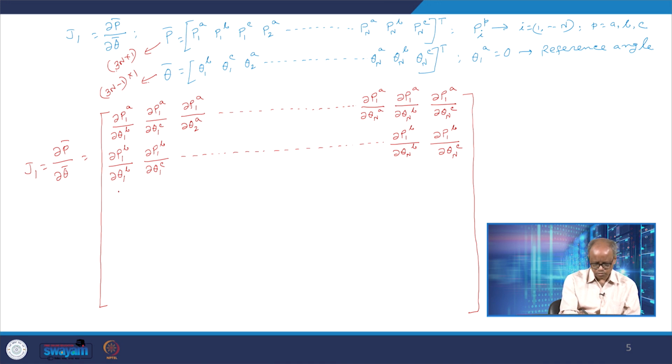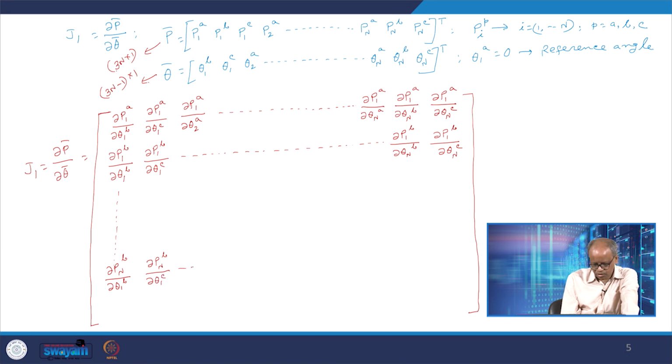Similarly, if we go on like this, the last but one row would be del PNB by del theta 1B, then del PNB by del theta 1C, then dot dot dot, del PNB by del theta NB, del PNB by del theta NC. This is the last but one row.